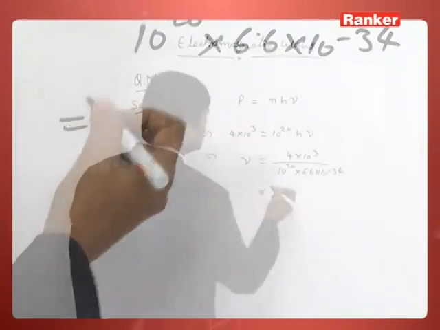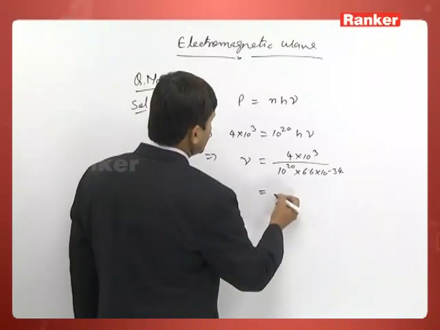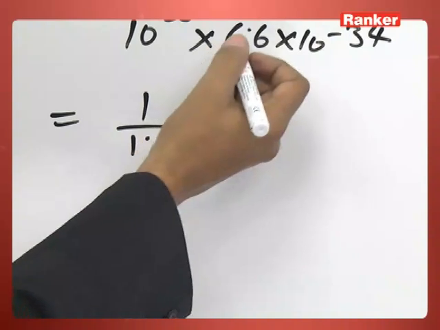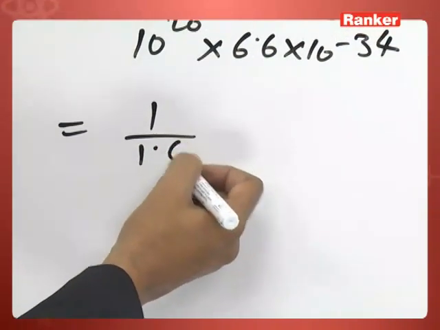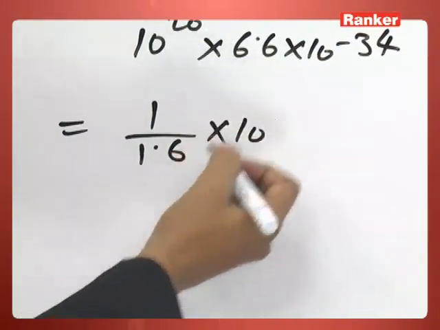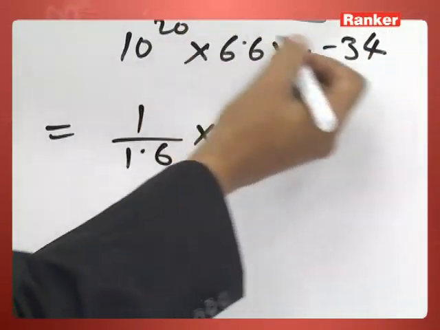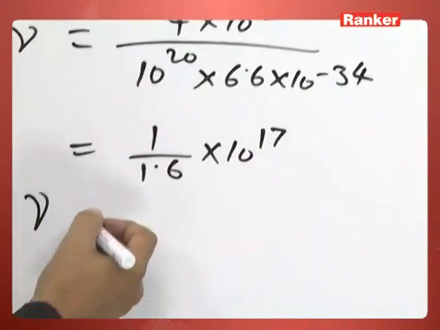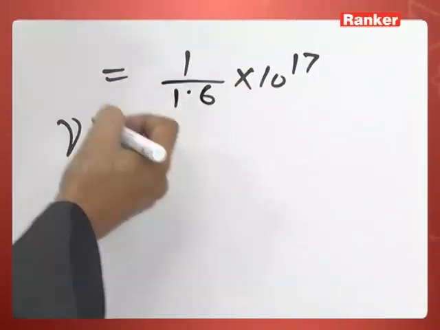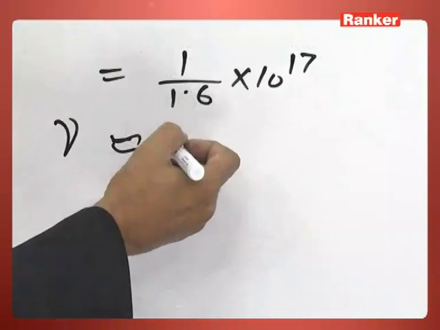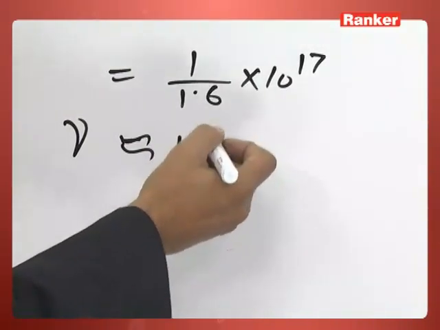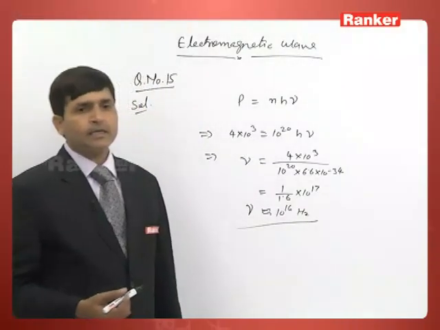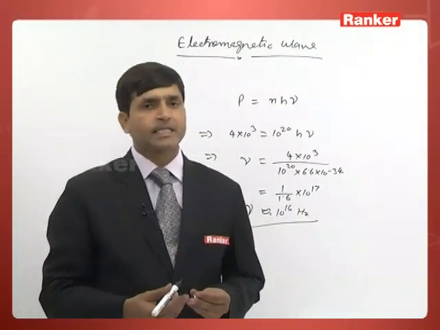From here we can get approximately 1 by 1.6 into 10 to the power around 17, so frequency is in the range of 10 to the power 16 hertz, and this is the range of frequency of X-rays.